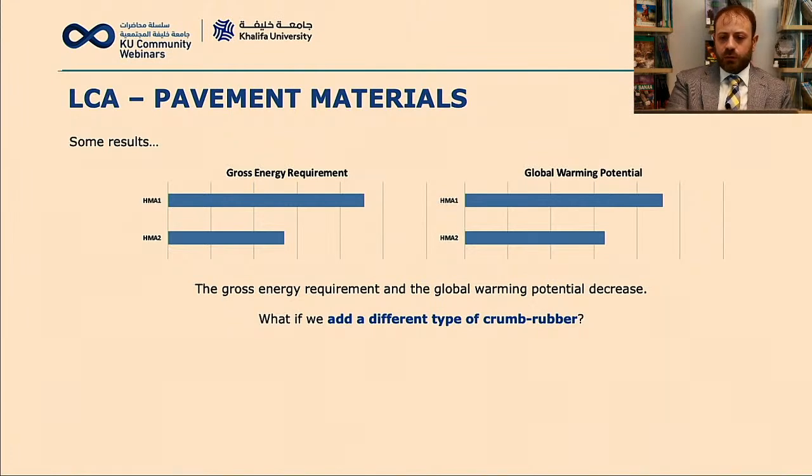But as I told you before, rubber from end-of-life tires is not always the same. Think about the fact that the crumb rubber can come from car tires or truck tires. In nature, these tires are different. The material that is inside is different. So the effect of this material can be different. So what if we add a different type of crumb rubber to our hot mix asphalt?